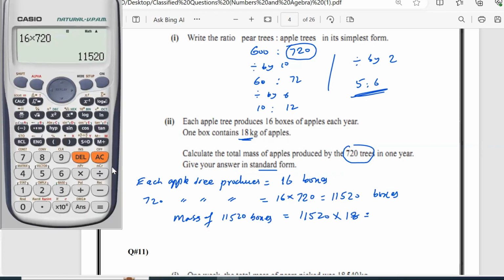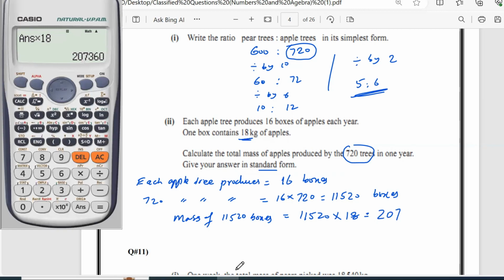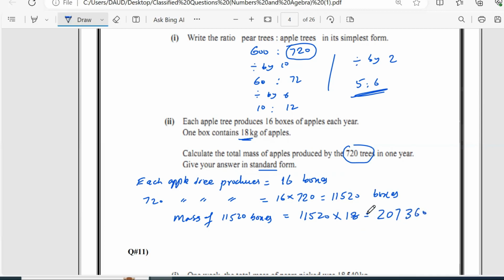We will check again. Multiplying by 18 gives me 207,360, and then they want us to write this answer in standard form.